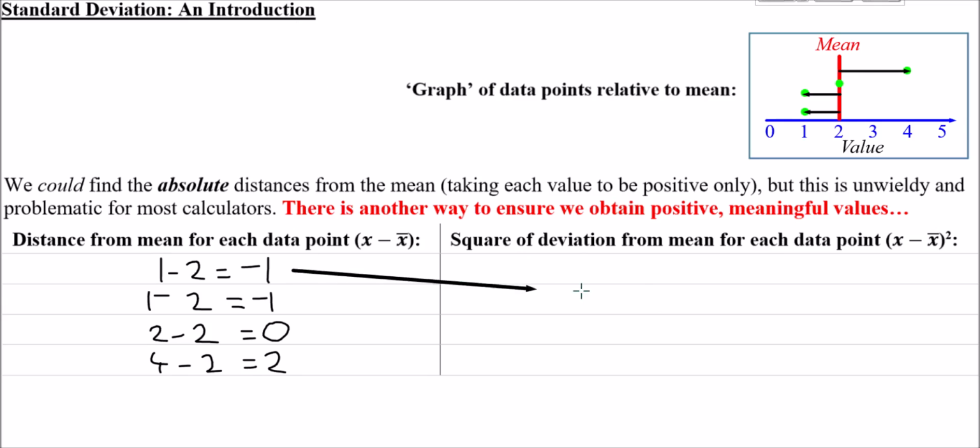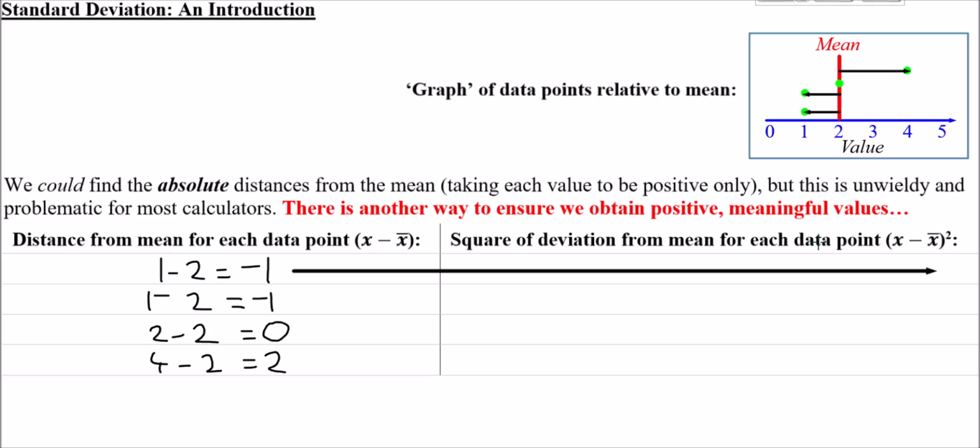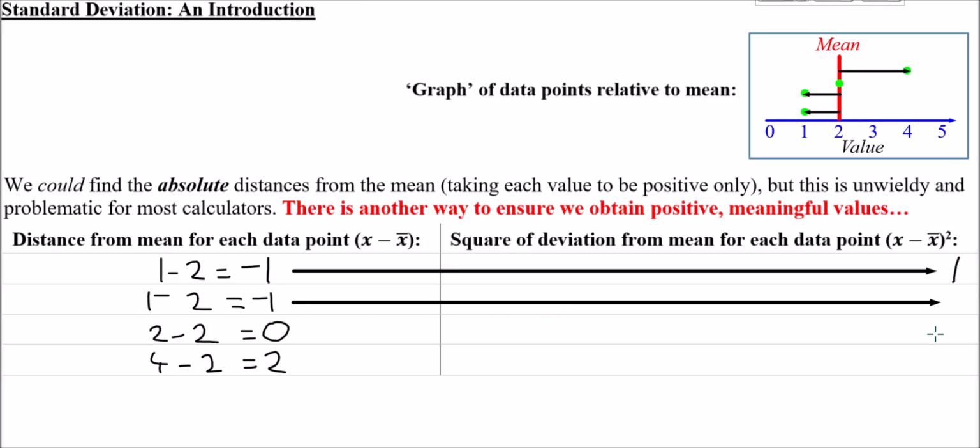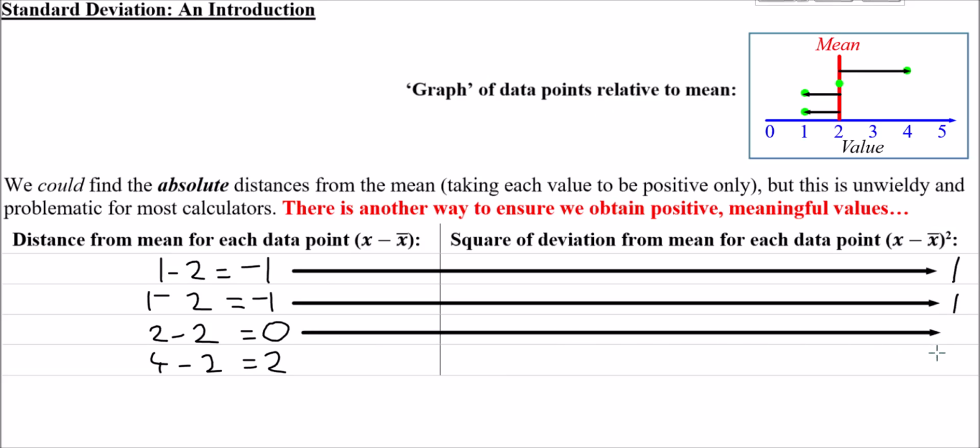So minus 1 squared, minus 1 times minus 1 gives us 1. This minus 1, square it, that gives us 1 as well. 0 squared, not too hard to do this one. 0 multiplied by 0 is still 0. And lastly, 2 squared is 4.